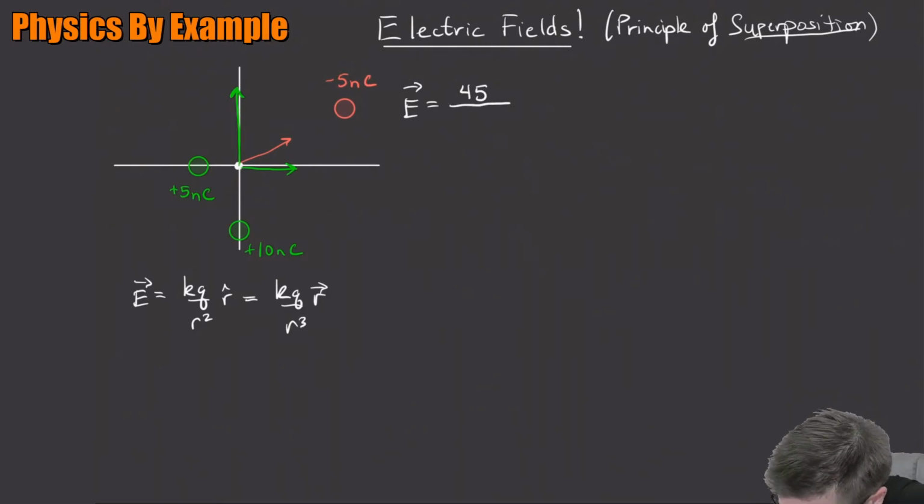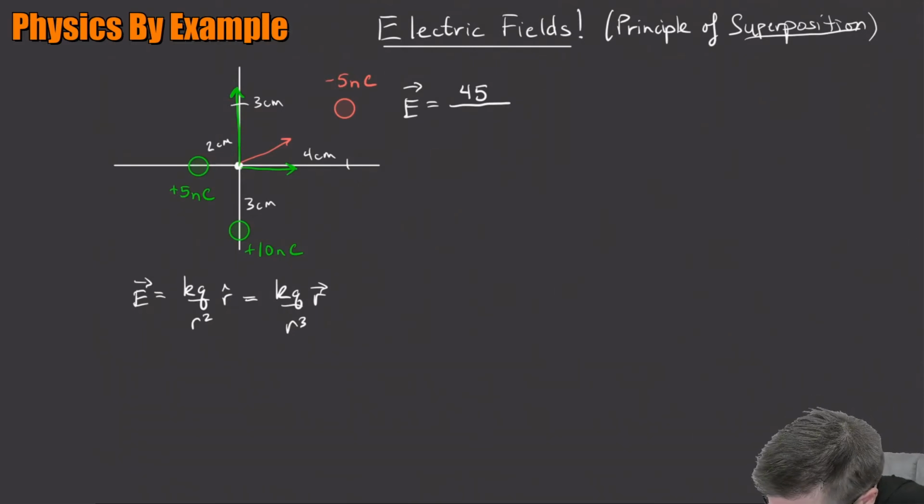I didn't even tell you the distances. This one is 2 centimeters, this one is 3 centimeters, this is 4, and it's 3 up here. So that plus 5 charge is 2 centimeters away.